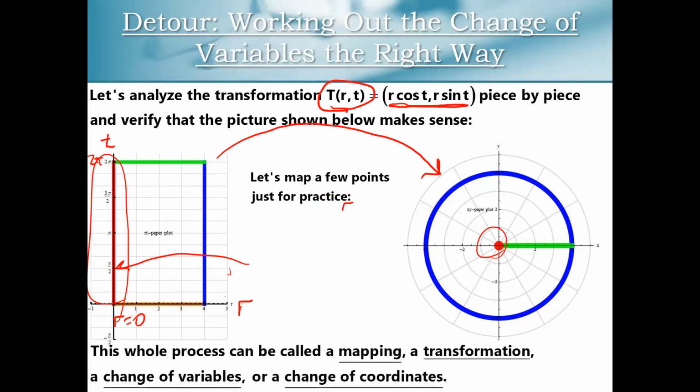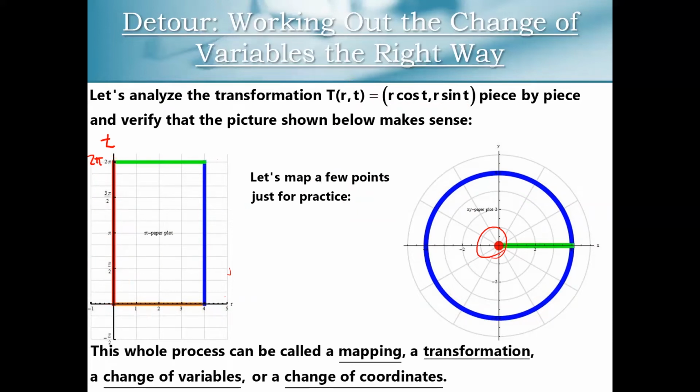Now, one thing that you might want to do is maybe pause the video and try a couple points yourself. So you might want to say, okay, I'm just going to do this for a single point, not an entire line segment. Maybe I'll just pick something like 3 comma pi over 2. Let's see how that point maps from my RT rectangle into my XY circle. And so you would just do this.